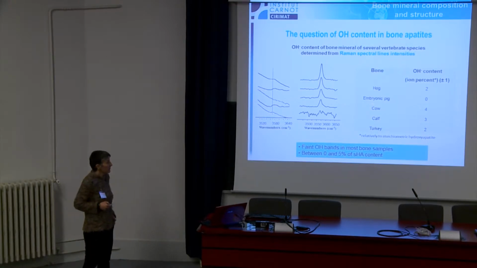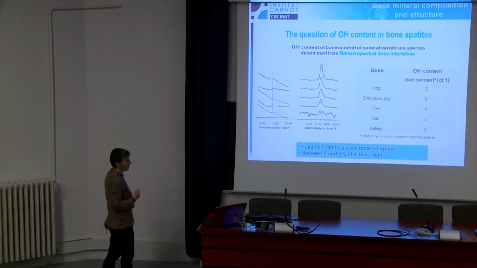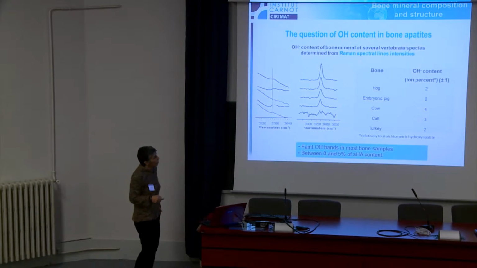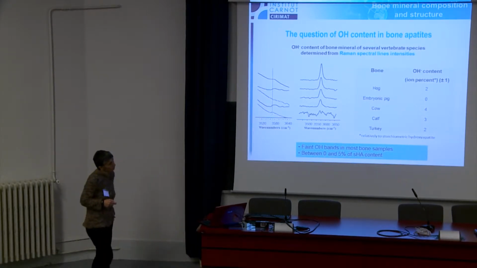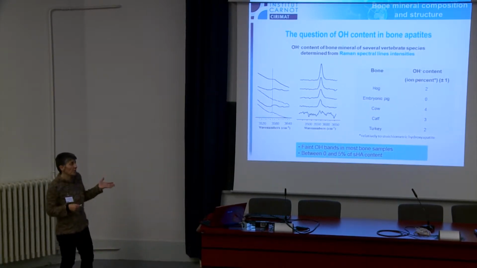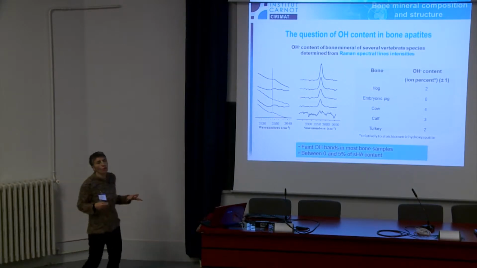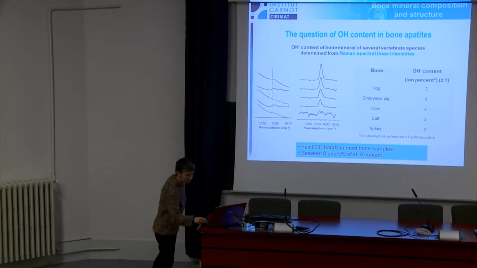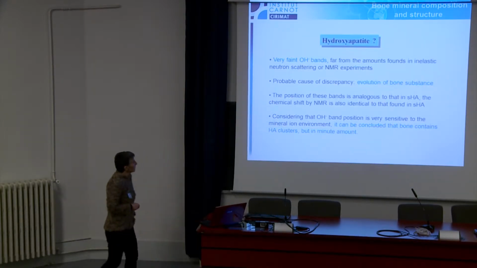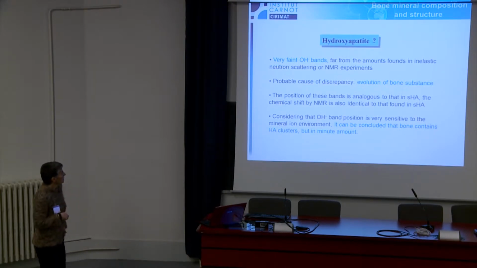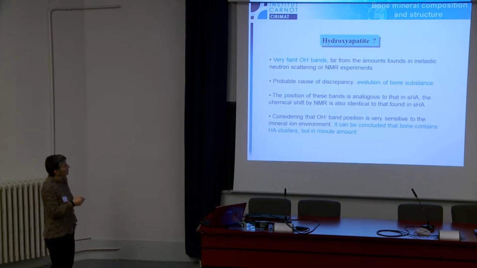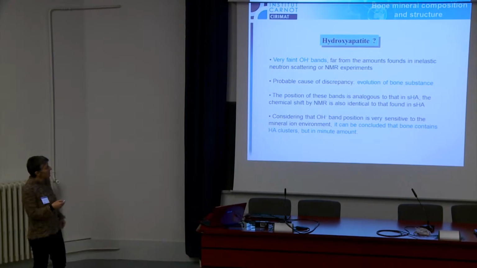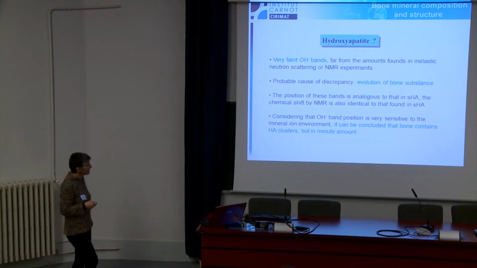In most of these samples, with a quantitative evaluation, we can see that it's between 0 and 5% of OH compared to the OH content in stoichiometric apatites. So in most cases, there is a very faint OH band.